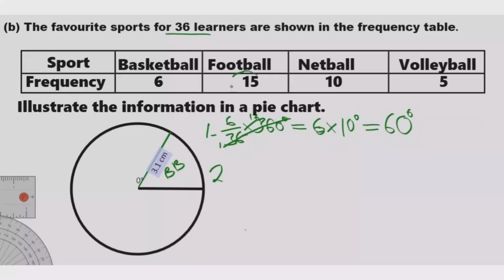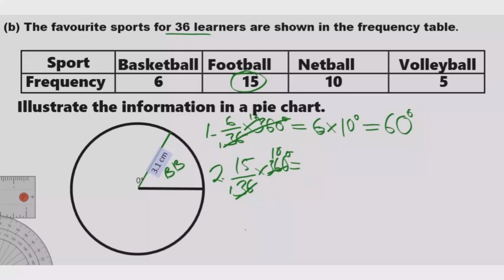Okay, now we come to number 2, which is football. The number of pupils who have football as their favorite is 15. So 15 over the total number, 36. So we say 15 over 36 multiplied by 360 degrees, which will be equal to, 36 into 36 is 1. 36 into 360 degrees is 10.